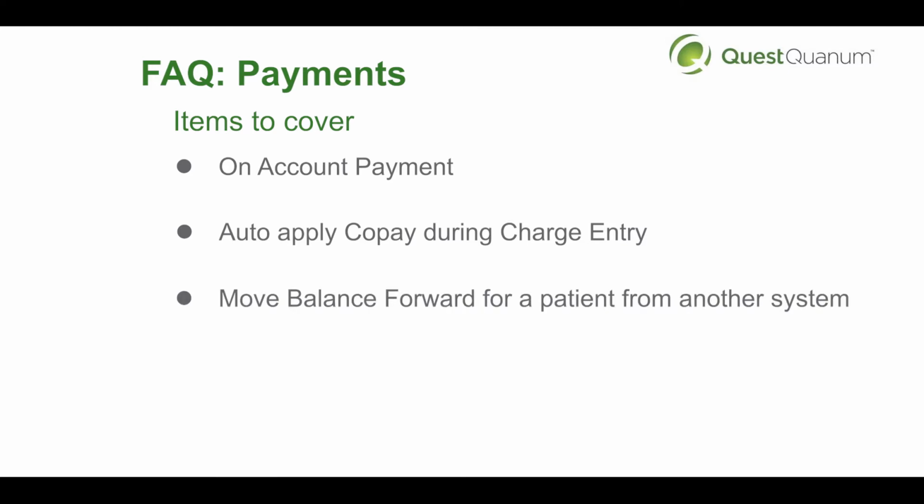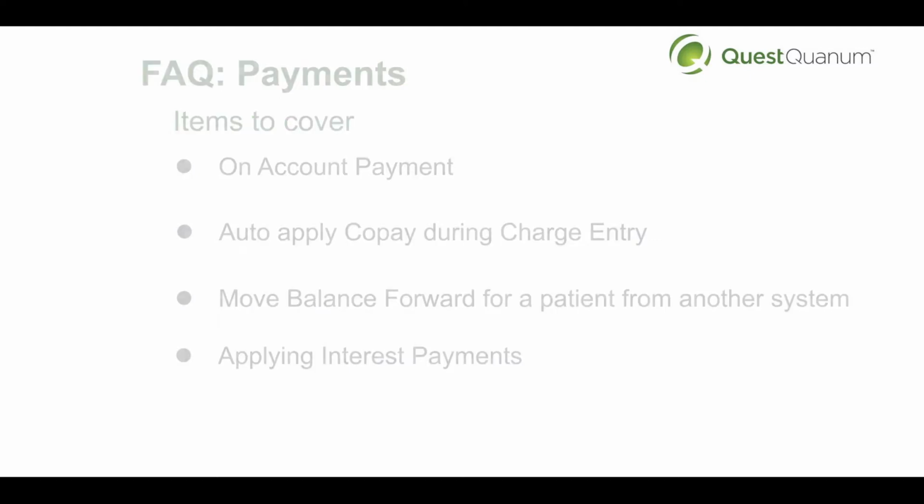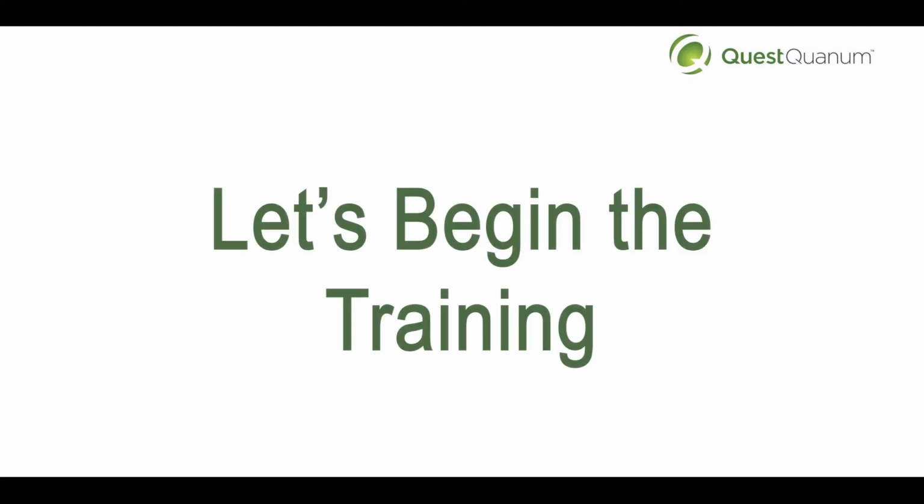If you have a balance forward for a patient in another system, how would you bring that balance forward to the system here? And how you can apply an interest payment. So let's begin the training.